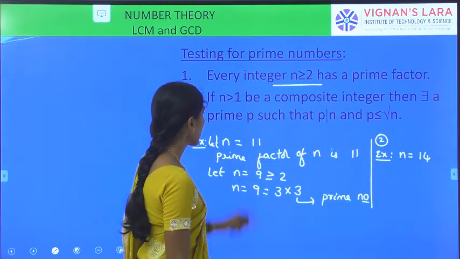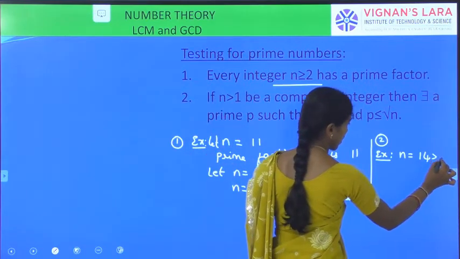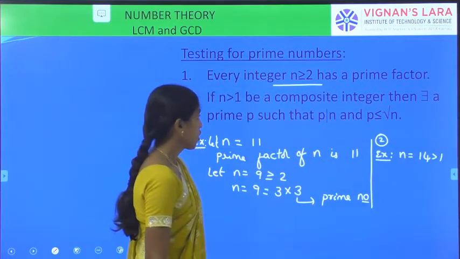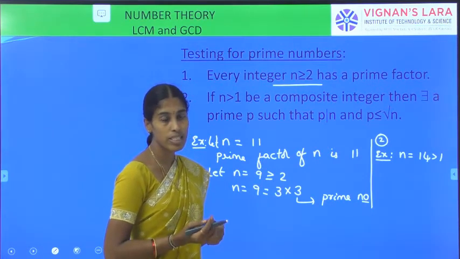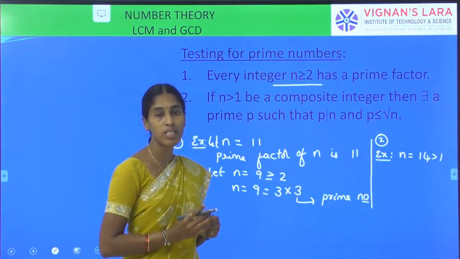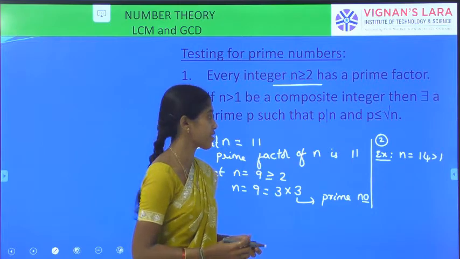What is the condition here? n greater than 1, clearly 14 is greater than 1. It is a composite integer. What is meant by composite integer? Composite integer means it can be expressed as a product of integers.